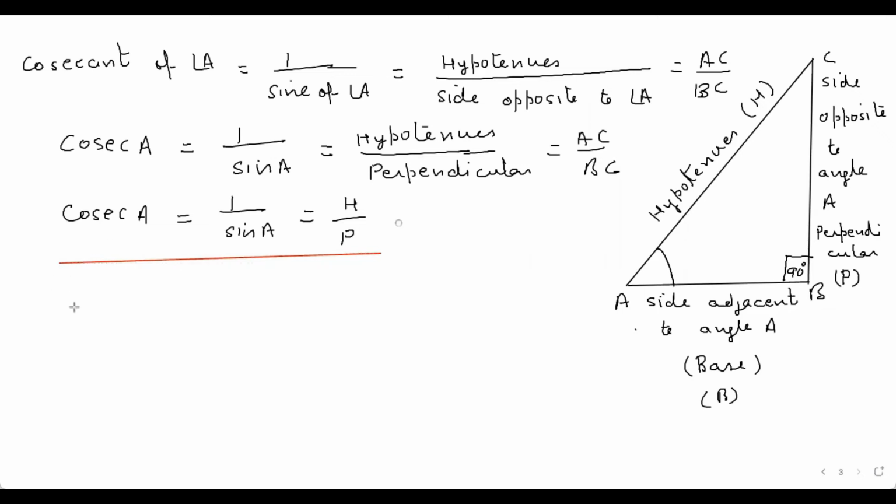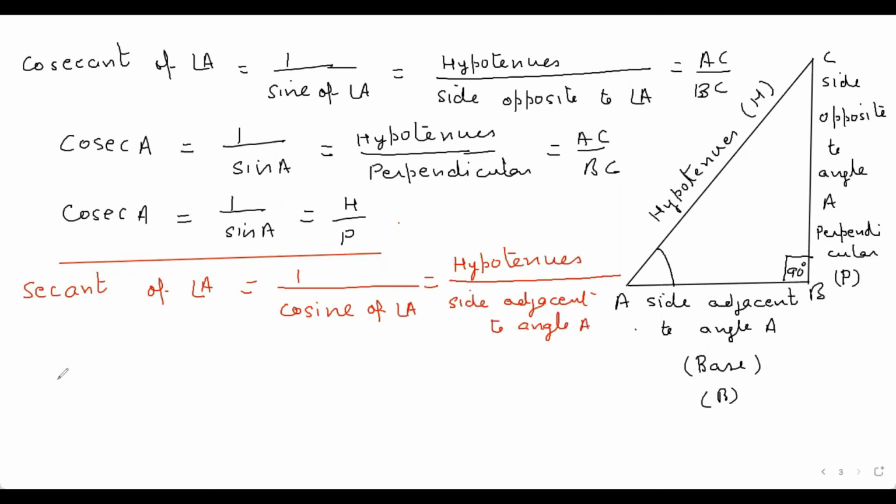Next is secant of angle A. It is 1 over cosine of angle A, equal to hypotenuse upon side adjacent to angle A. In abbreviation, we write sec A is equal to 1 over cos A is equal to hypotenuse upon base, equal to AC by AB.